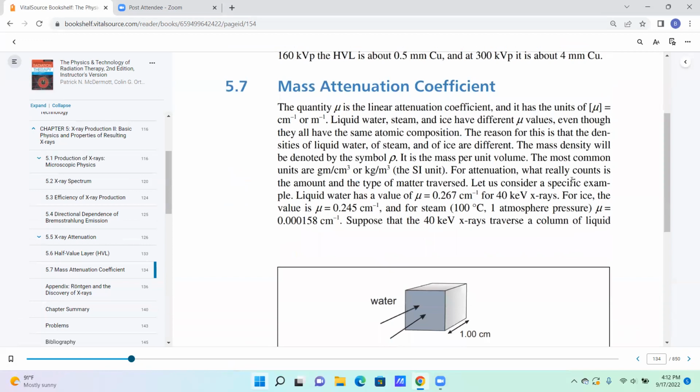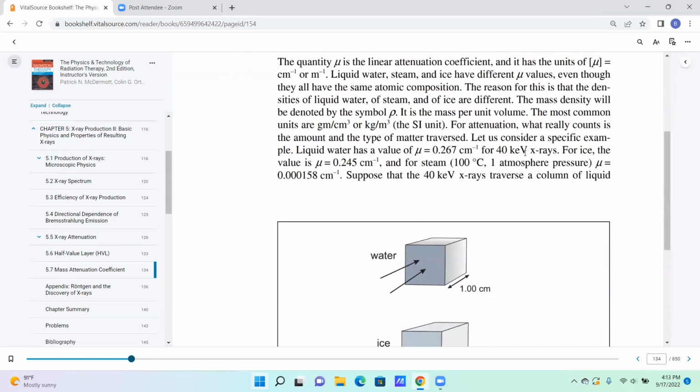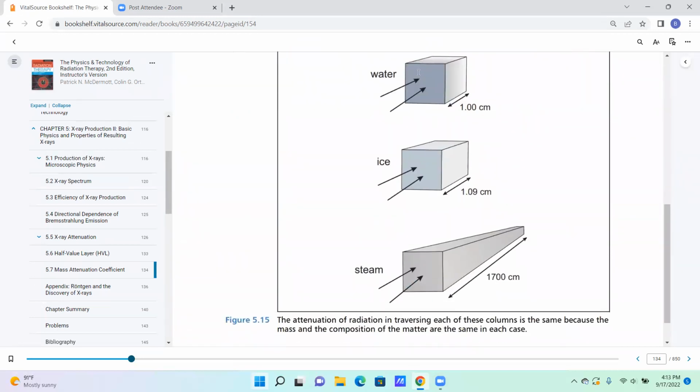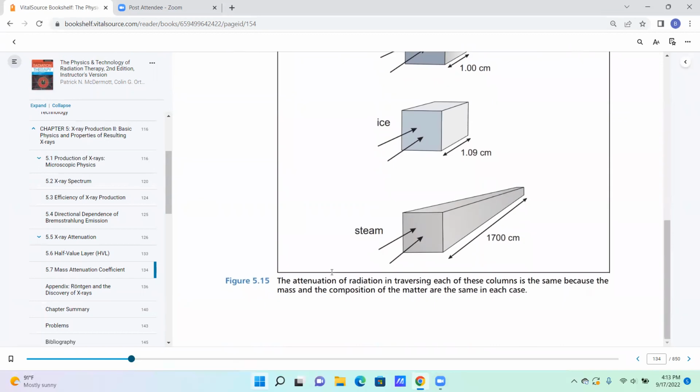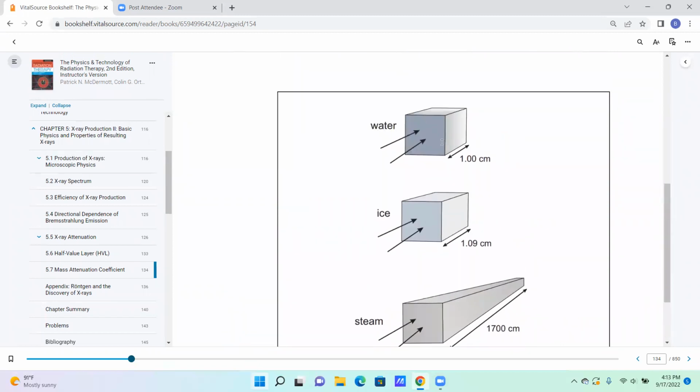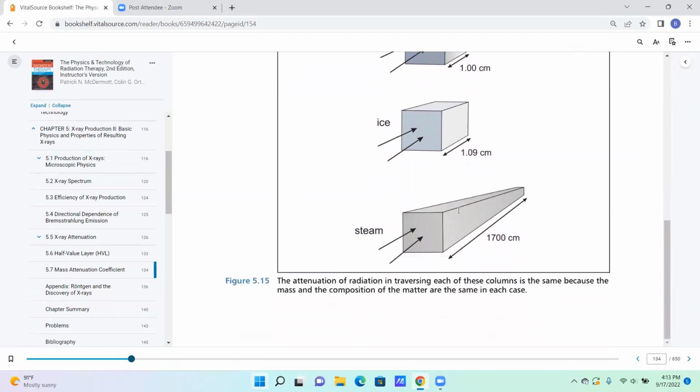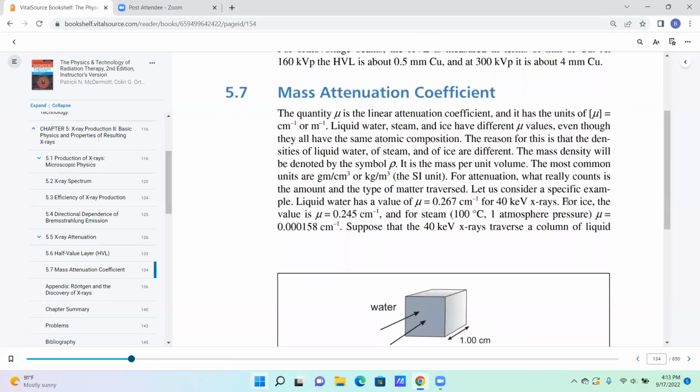So now, how can we confuse you further? We're going to talk about the mass attenuation coefficient. If you have different forms of the same substance, water, ice, and steam, and your incident beam travels through that, it's not going to be nearly as attenuated with steam as it would be with ice or liquid water.